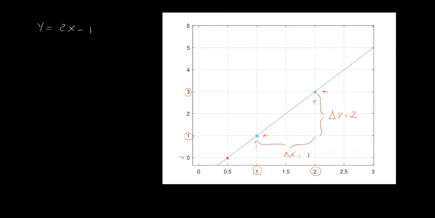The way we're going to do this is by writing the delta of y divided by the delta of x. So in this case the delta of y was 2 and the delta of x was 1. This is 2 divided by 1, which equals 2.